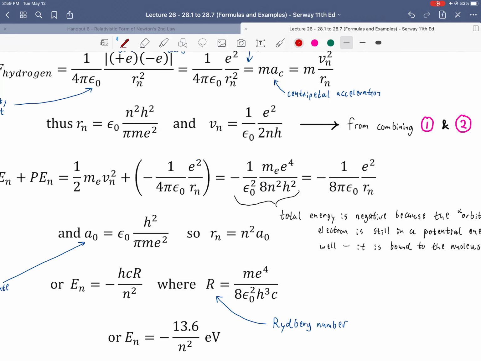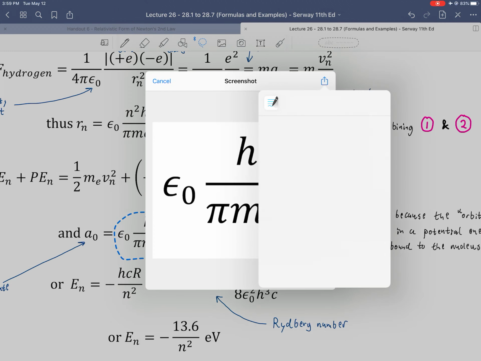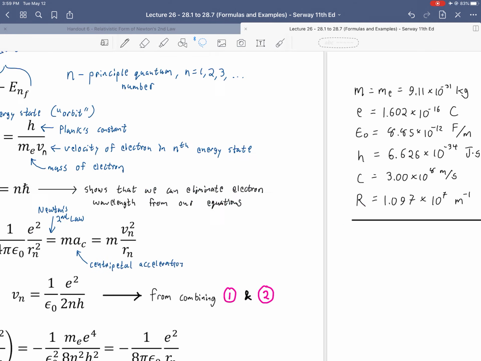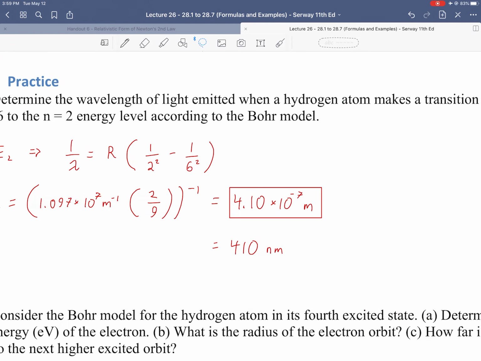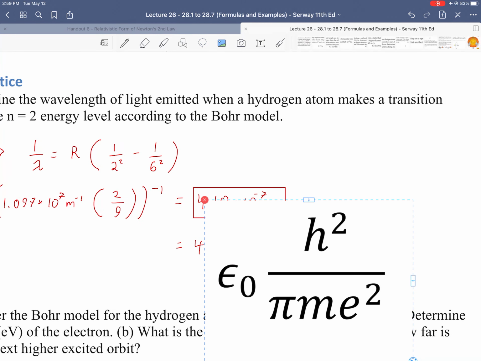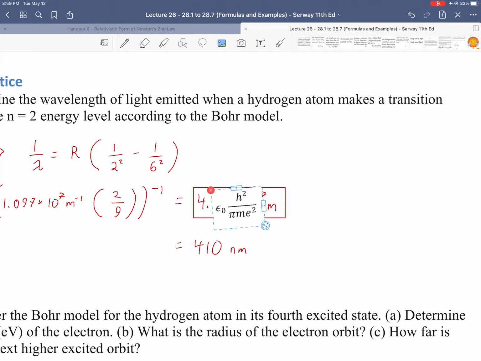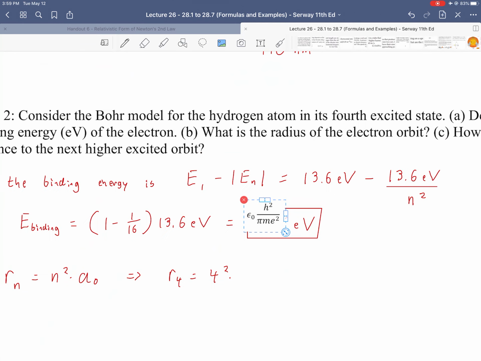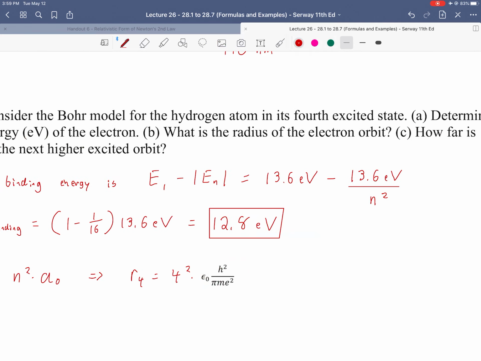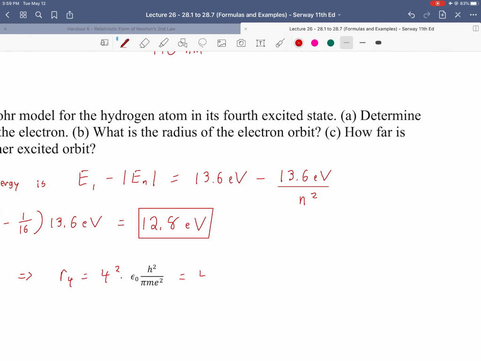So our Bohr radius is, let me copy it over here. So I have to flip back and forth. So let's take a screenshot of that. Okay. And so then that will be 4 squared, times permittivity. So we get all our constants in here.